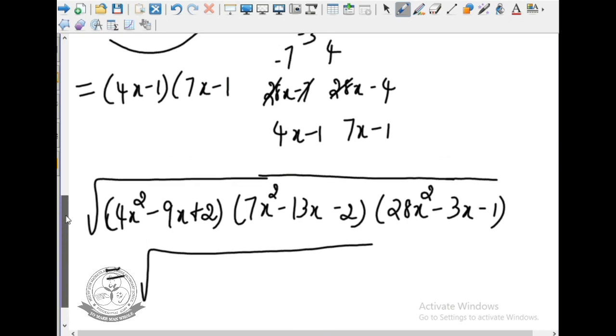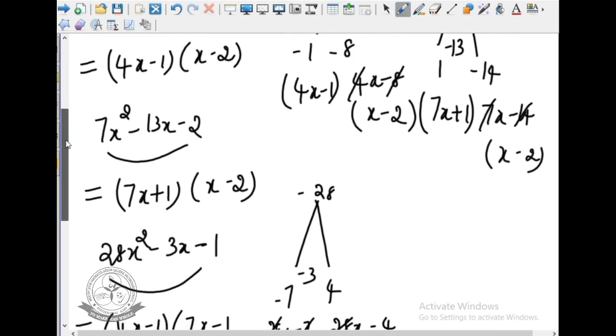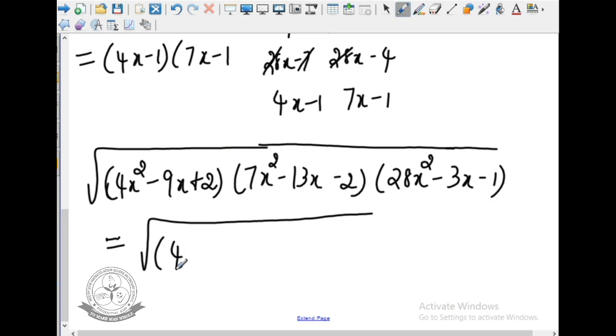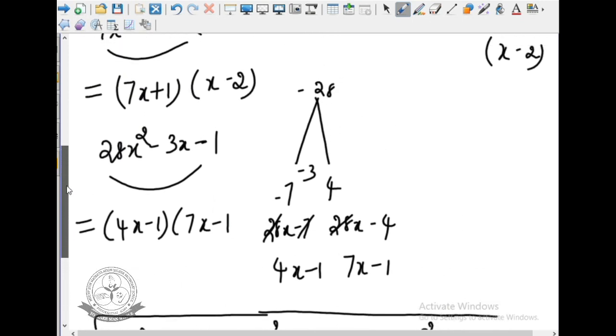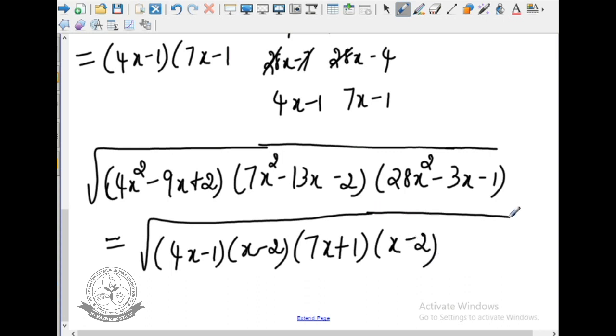For the first one, 4x − 1 and x − 2. For the second term, I am having 7x + 1 and x − 2. For the third one, I am having 4x − 1 into 7x − 1.